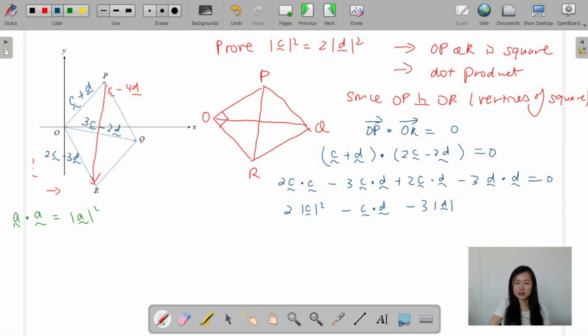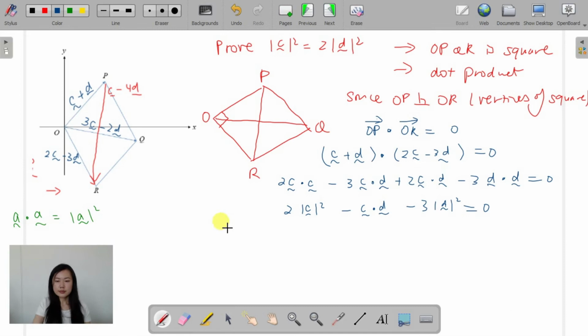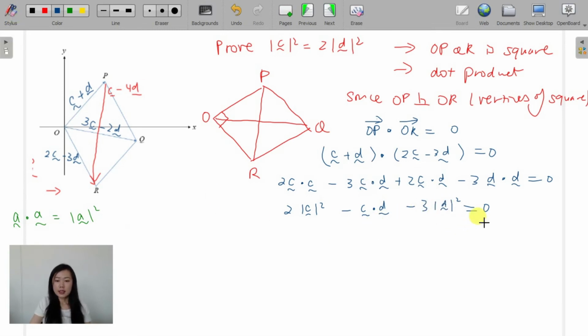Now what you will notice in terms of the results we're getting so far is that we've got 2 magnitude of c squared and 3 magnitude of d squared. But we have an extra thing, right? We have a dot product here. So what I'm going to do, I'm just going to make that the subject, because I don't know what to do with that yet. We'll just park it.